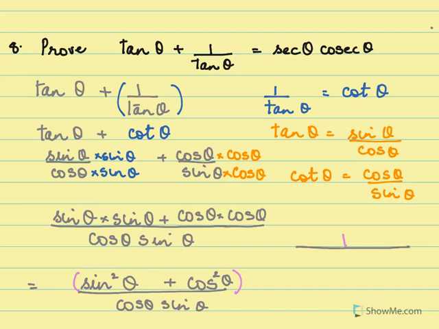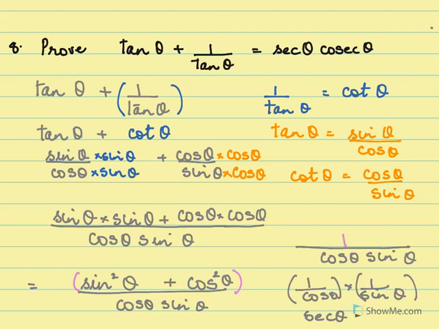Divided by cos theta, sine theta. I'm going to separate it out. So 1 over cos theta into 1 over sine theta. Now what is 1 over cos theta? It is sec theta. And what is 1 over sine theta? It is cosec theta. We have proved the left hand side equal to the right hand side.